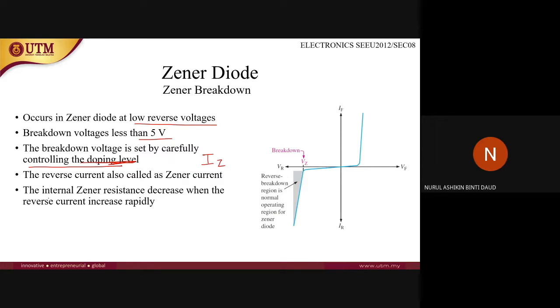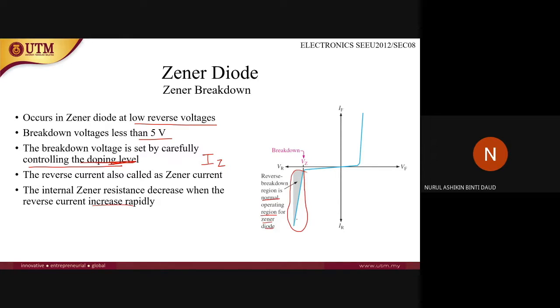The internal Zener resistance decreases when the reverse current increases rapidly. You can look into this graph. The reverse breakdown region is the normal operating region for the Zener diode. So the Zener diode operates at this region after the breakdown voltage.